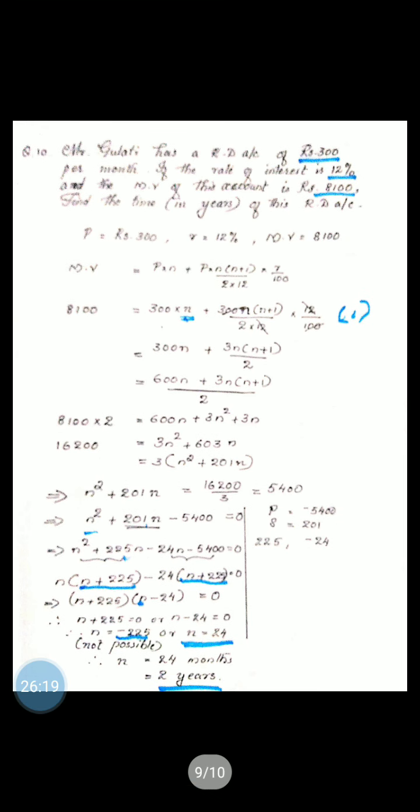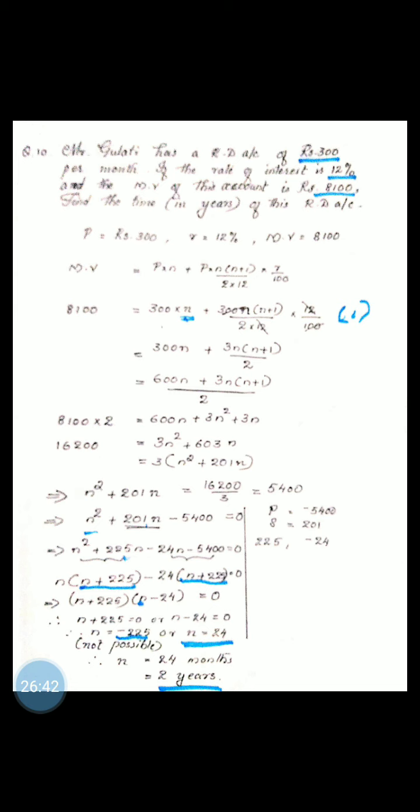So split the middle term. 201 can be written as 225n minus 24n, right? So the equation becomes n square plus 225n minus 24n minus 5400 equal to 0.